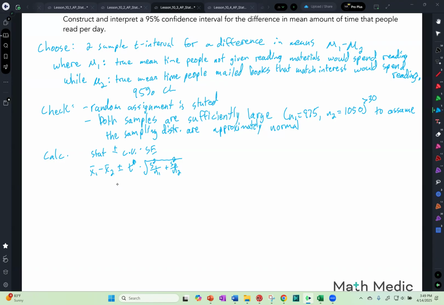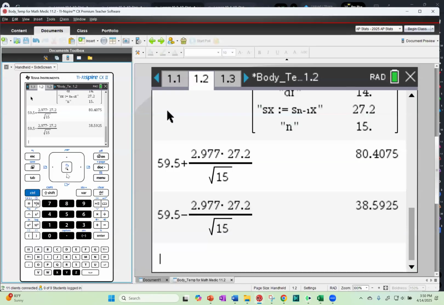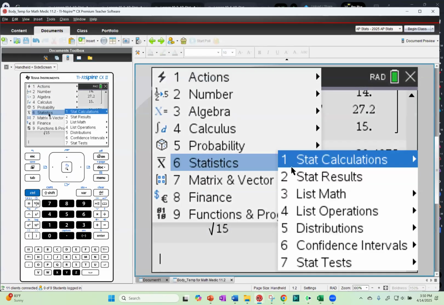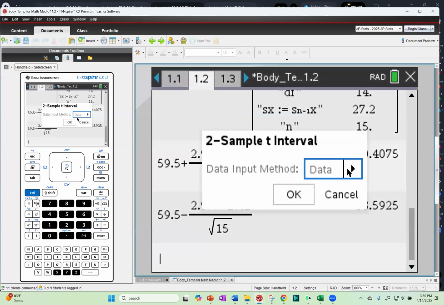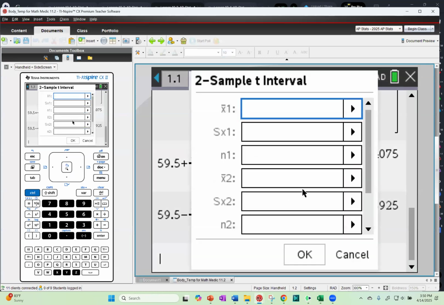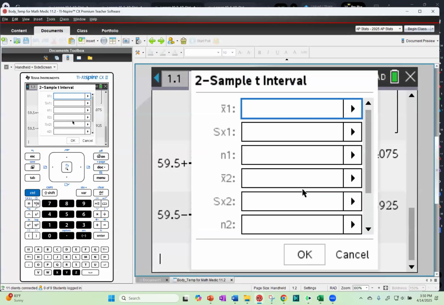I could go ahead and plug some things in, but this is where I'm often going to jump to the calculator because I live in the 21st century. I'm going to run my confidence interval. I've got a 2-sample t interval, and I've got some statistics to throw in there. x bar 1, 7.8, 5.4, I think it was 950.